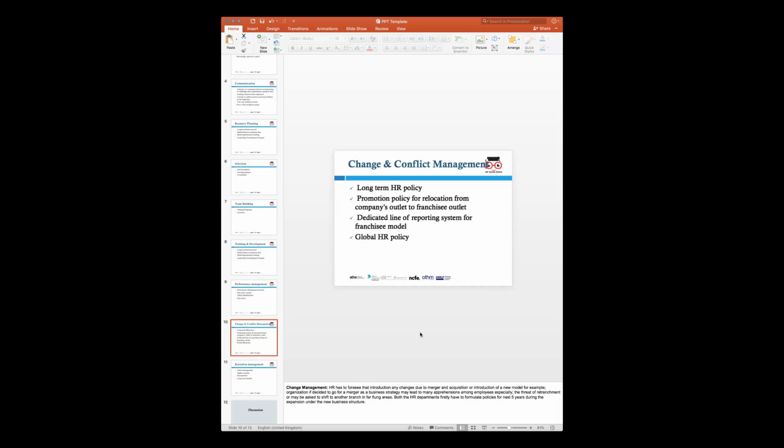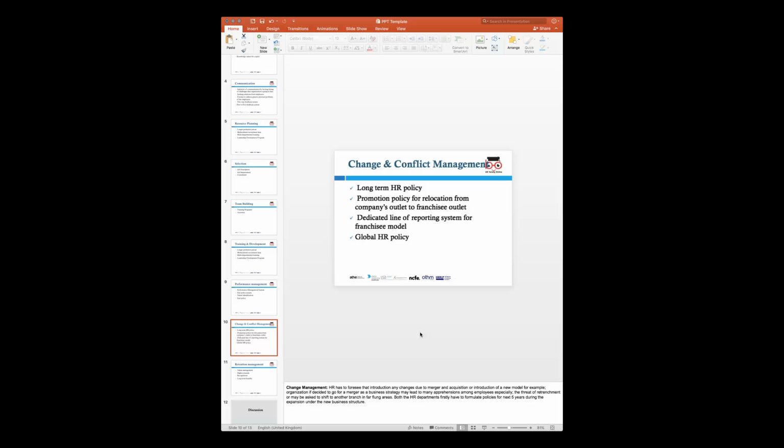The contemporary issue created because of it is something called change and conflict management, and HR has to do a lot of planning in this to ensure that there is a seamless transition. No employees should feel that they are going to be left out or asked to go because there are no vacancies, and they should not feel discriminated against.